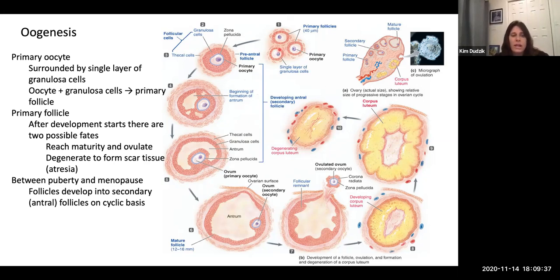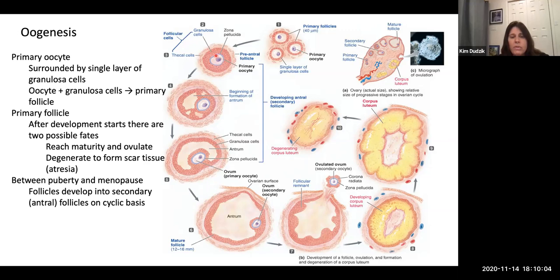After development starts, then a couple things can happen. It'll continue to develop into a secondary follicle, which is this one, or it'll degenerate. And that's usually what happens. So I said about 4 to 6 develop into primary follicles. And you can see as it develops, it'll develop more layers of cells, more granulosa cells.